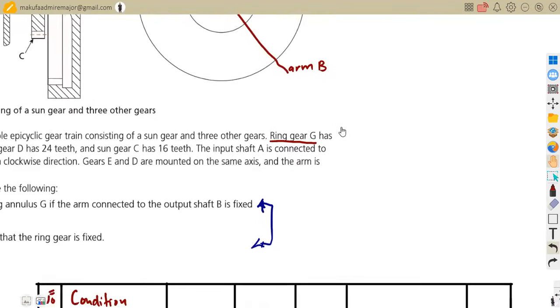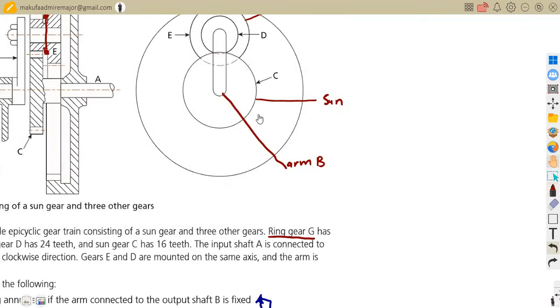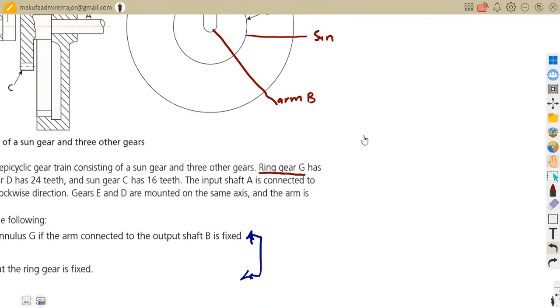That's why I've got 5 conditions here: 1 for the gear G, which is our annulus, then gear E, the planetary, then gear D, the one that is in line, compounded to E. Then we have gear C, which is the sun, and we also have the arm.